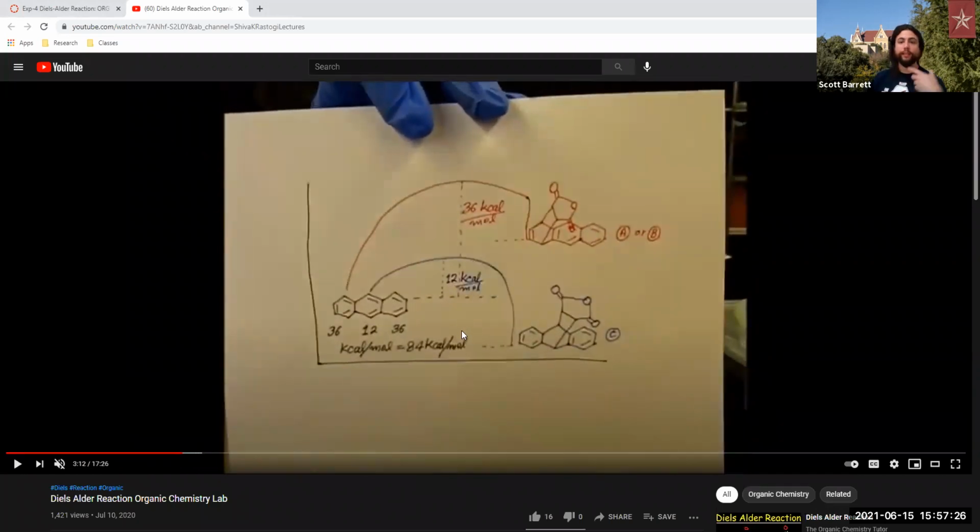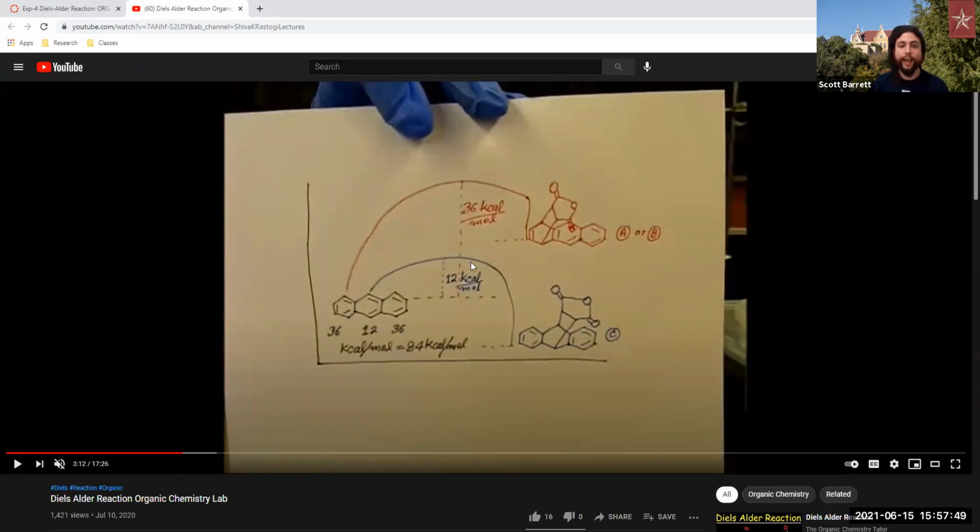Okay, so this actually is a good part for me to show you as well. If we wanted to create a different product, then we would have to perform a different version of the Diels-Alder, where we would either increase the heat even more or use a catalyst to do it on the left benzene ring.